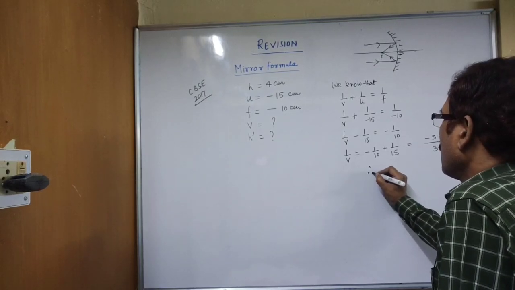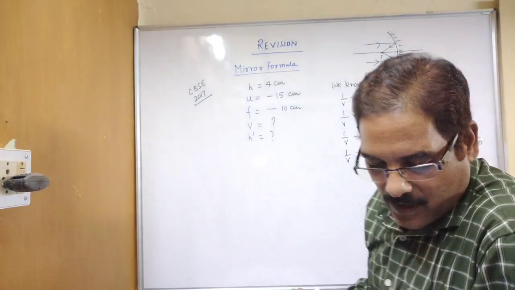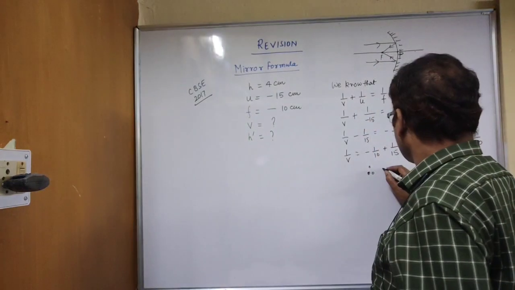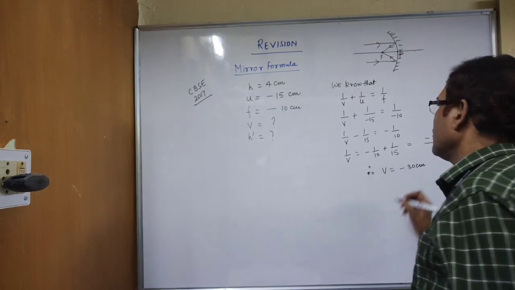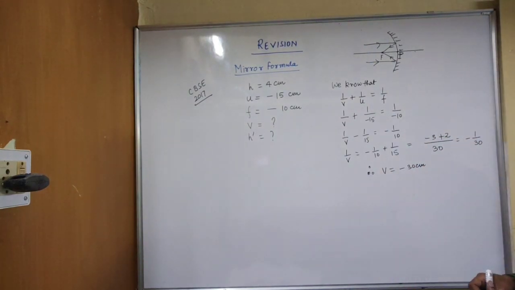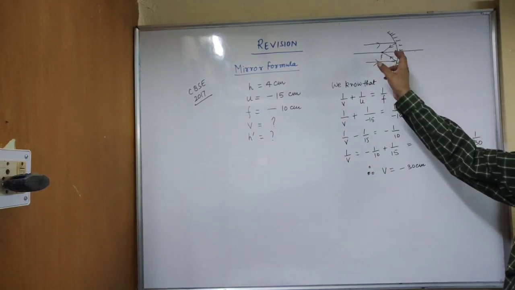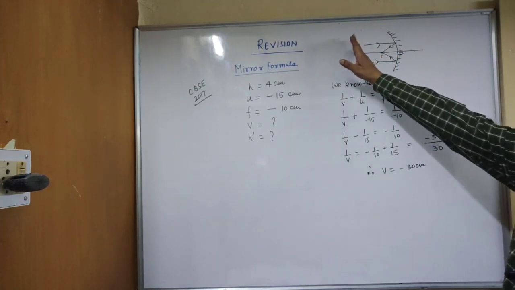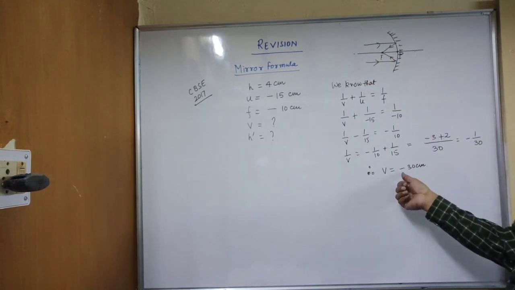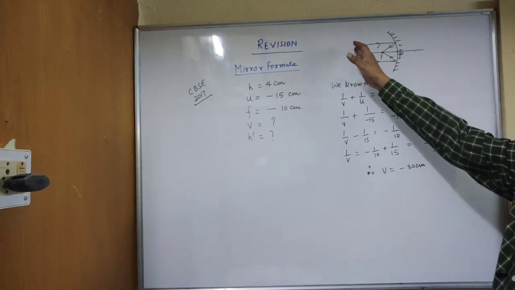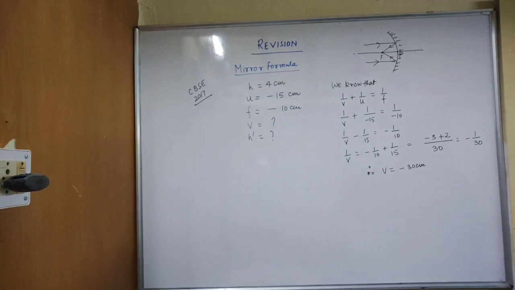Therefore, v is equal to minus 30 centimeter. It means if you place a screen at a distance of 30 centimeter from the pole, obviously towards the left side, because we are getting minus 30, then a sharp image will be formed.